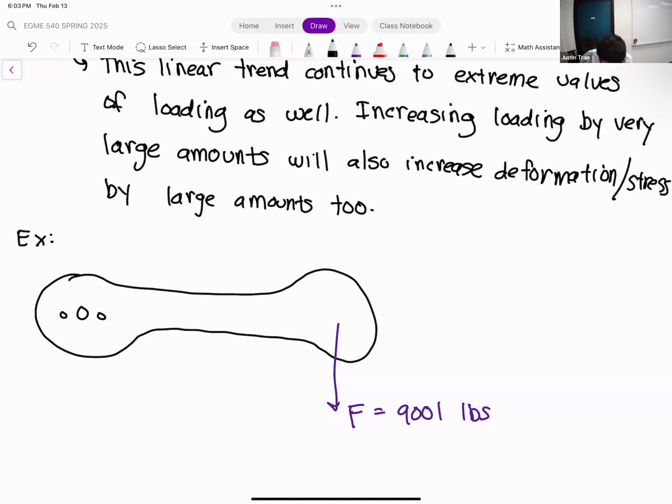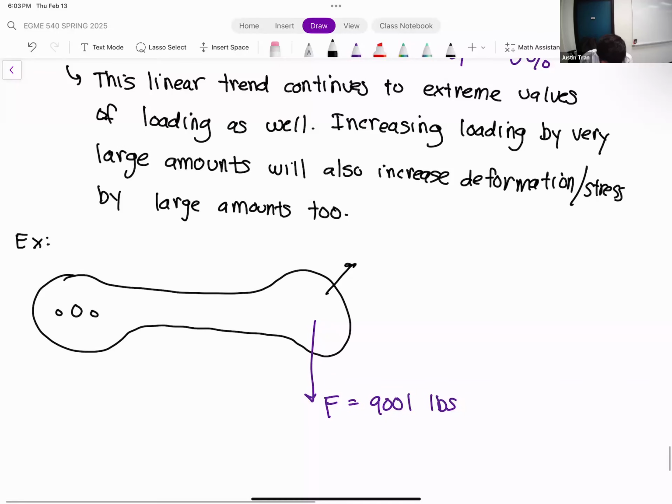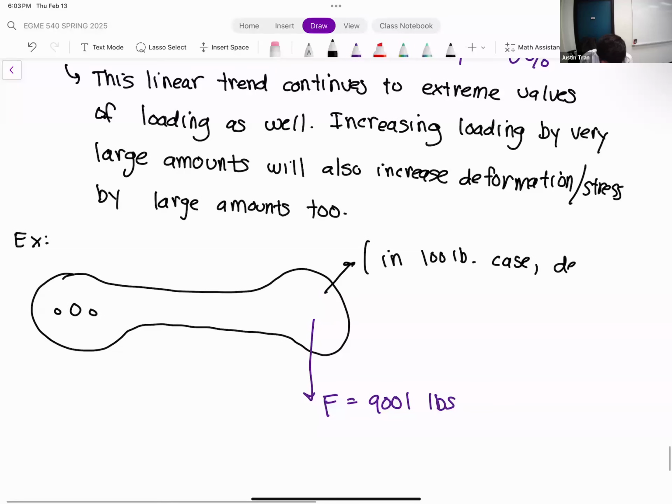But, and I'm just kind of throwing numbers out there, let's say, for instance, in the 100-pound case, the deformation that we got was, I don't know, maybe half a centimeter. Say max deformation.